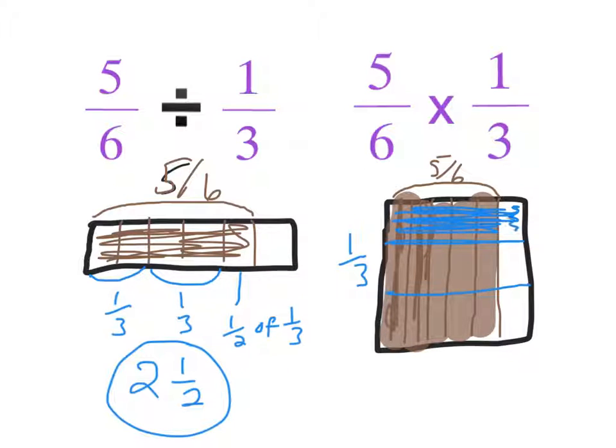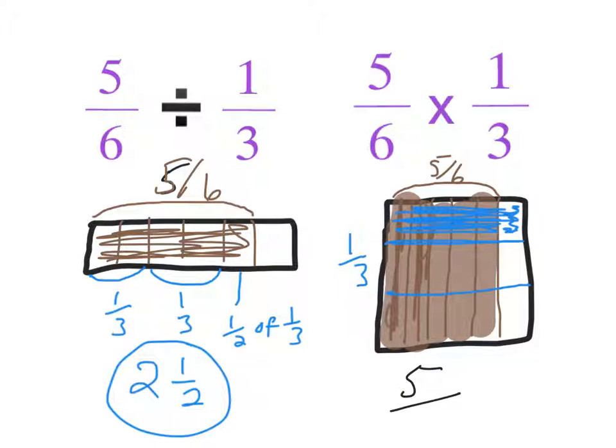All over here. And do you see how my 1/3, what's overlapping? What's overlapping that's brown and blue? So do you see here I just have blue, but here I have brown and blue. So this is 1, 2, 3, 4, 5, and it's a little bit hard to see, but I have 5 that have both, so that's going to be my numerator.